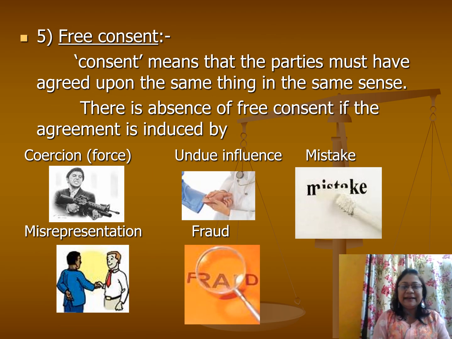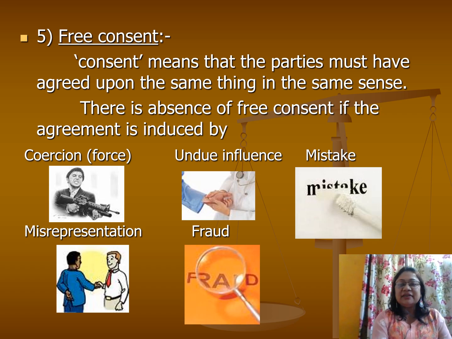Moving on to the next slide, which talks about free consent. The consent of the parties to the contract must be free, which means that they should have agreed upon the contract in the absence of any of these conditions that are mentioned here.